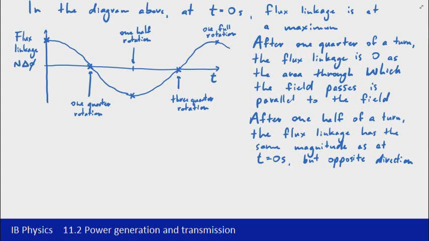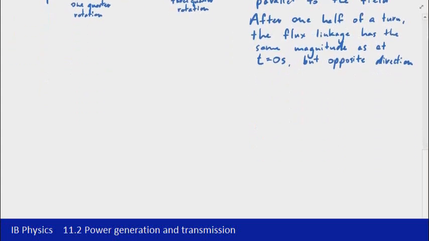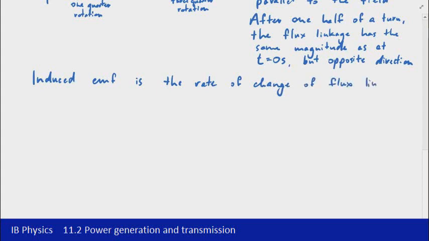If we want to have a look at the induced EMF, we know that induced EMF is the rate of change of flux linkage, as we said earlier. And if we're really talking about rate of change of flux linkage, what we're really saying is the gradient.